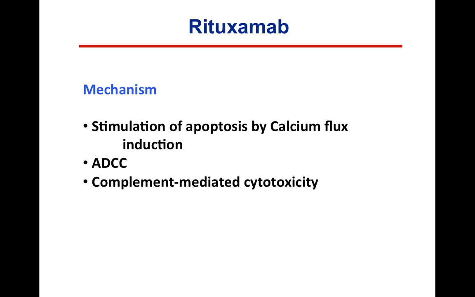And it can also mediate complement fixation. Now remember, you need enough of those antibodies to bind to the cell. It will initiate complement on the cell surface. So it has two, maybe three different mechanisms of activating cell killing.